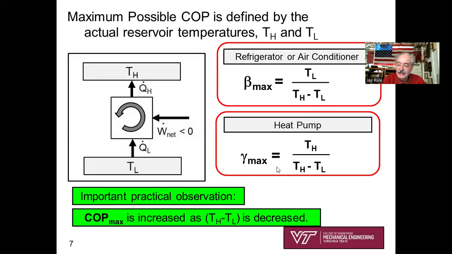Even if we do that same sort of logic with a heat pump, looking at the outside temperature, that might be 0 degrees C. And the inside temperature would be maybe 25 degrees C. You're trying to heat your home up to about 25 degrees C. You see the same result. Numerically, you've got a big number up here divided by 25. And so do you see that the maximum possible coefficient of performance for the Carnot cycle is going to be a big number.